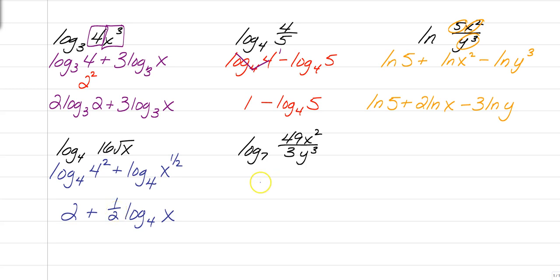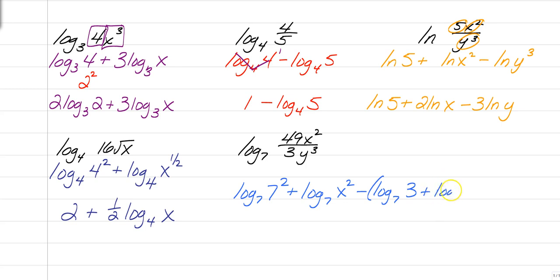And the last one, you should have log base 7 of 7 squared plus log base 7 of x squared minus log base 7 of 3. Now, if you have a plus here, that's okay, only if you wrap this last section in parentheses.